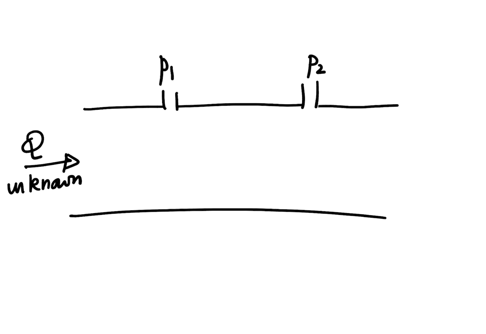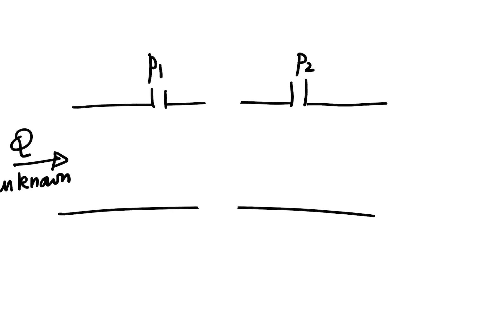Now, such a setup would be: you have a flow going through Q, which is unknown. You are trying to determine Q, and then there is a section that is added, in which let's say we insert 2 pressure taps, P1 and P2, and between the 2 taps we create a section in which we induce a pressure drop.